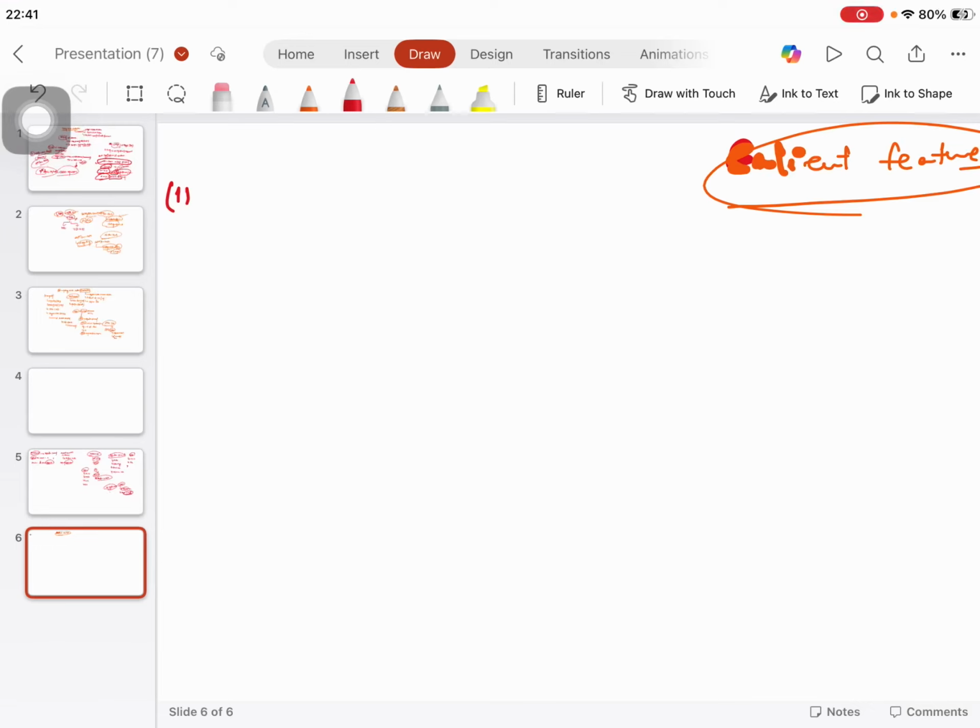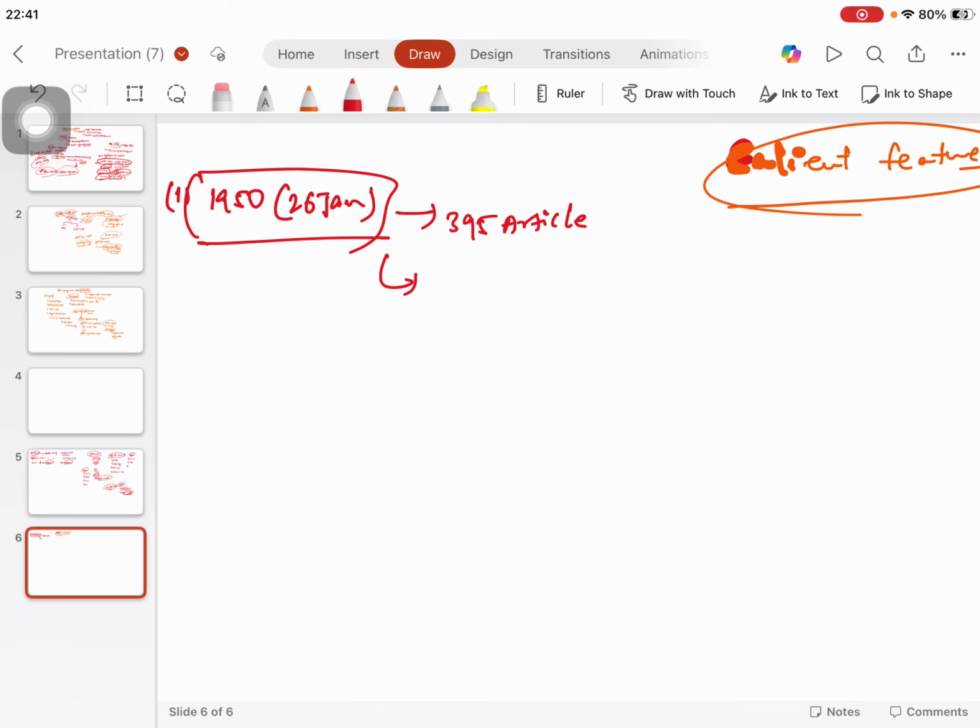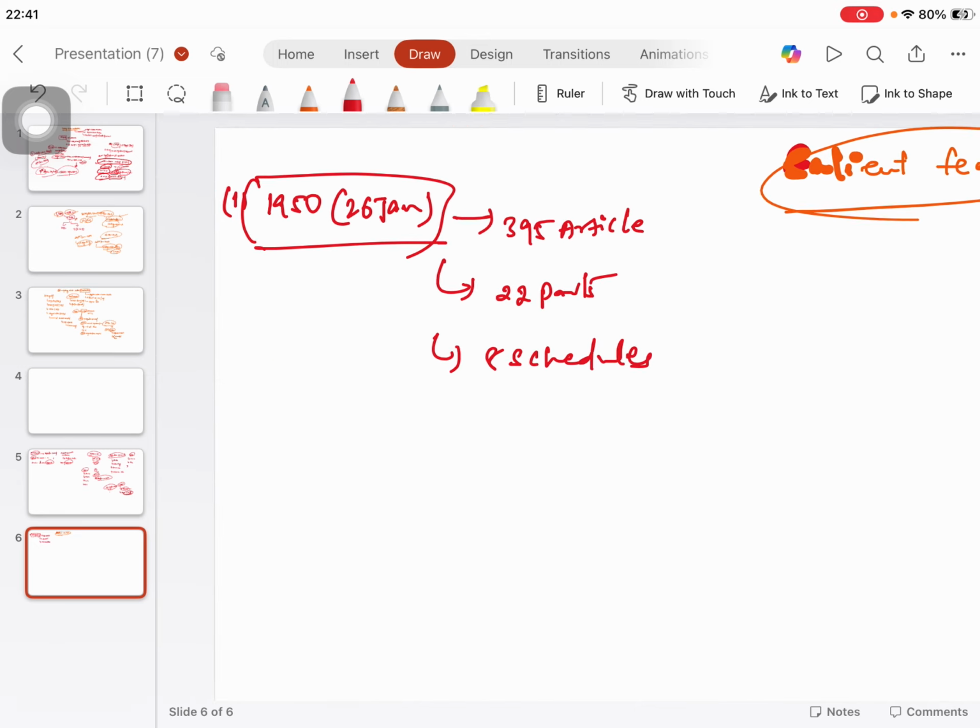Question: When the Indian Constitution was accepted or implemented, how many articles were there? 395 articles, 22 parts, 8 schedules during the time of implementation.